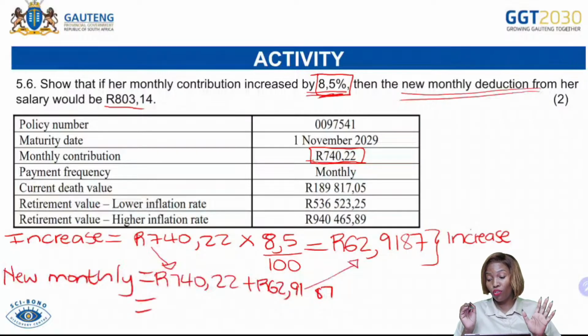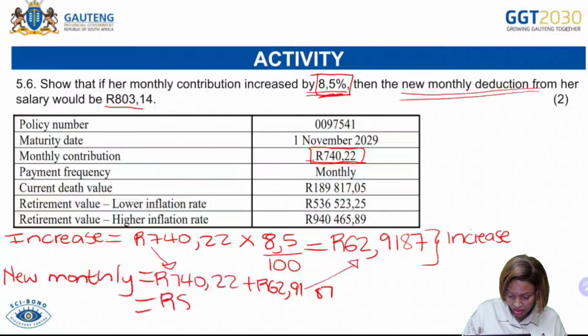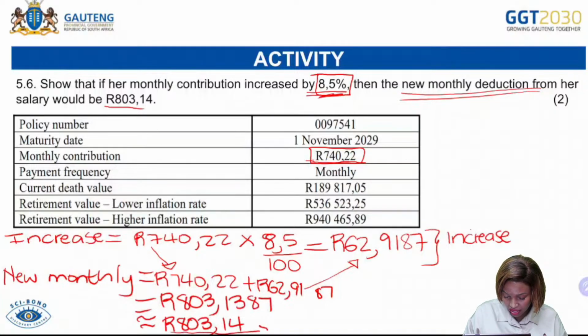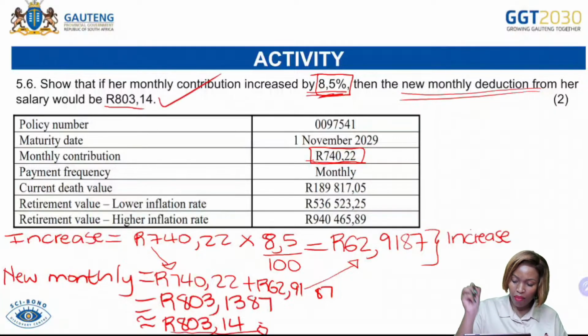I will only round off at the final answer. Plus 740 Rand and 22 cents. I am getting 803 Rand 1387. And then let us round this to 2 decimal places. This is 803 and 14 cents. And this is this amount.